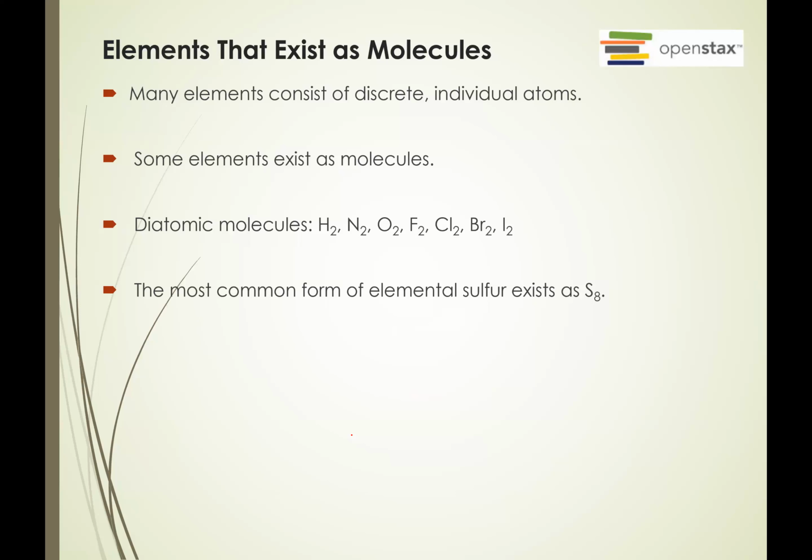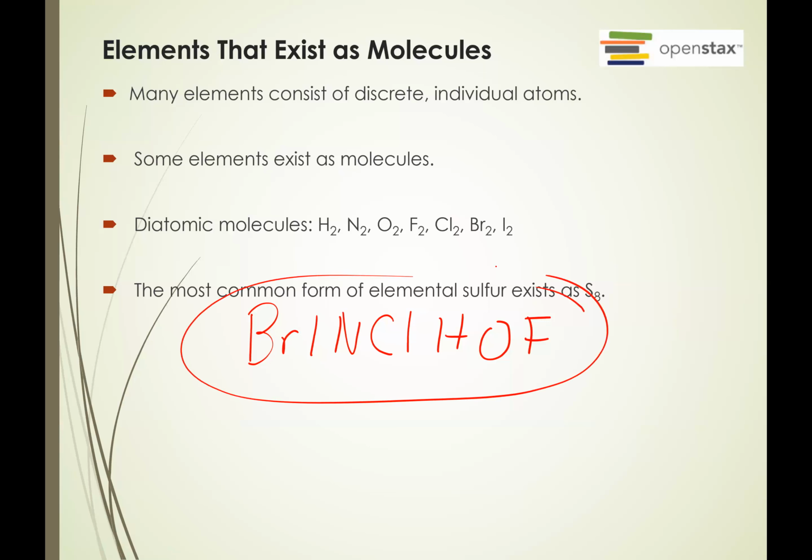Remember our Brinkelhofs, the ones in our diatomics? They're going to come up in just a minute. These Brinkelhofs always exist as diatomics if they're by themselves. This is going to be important.